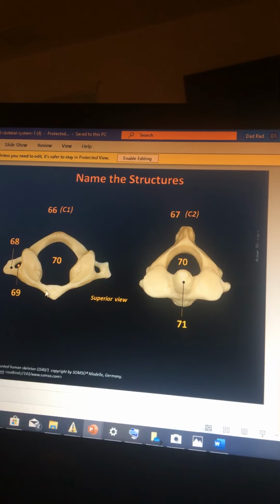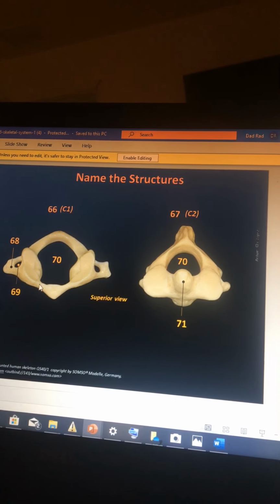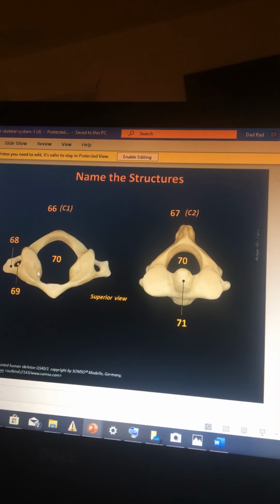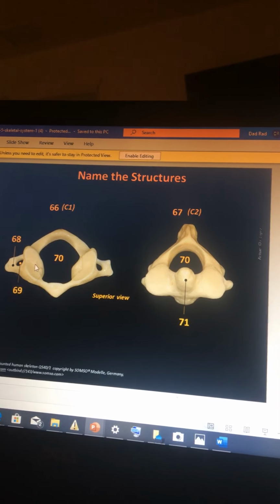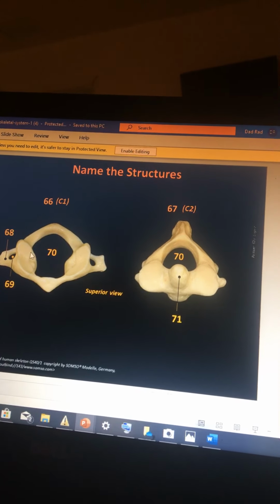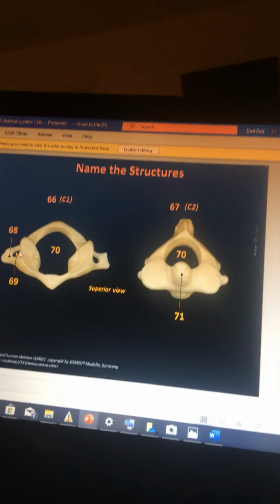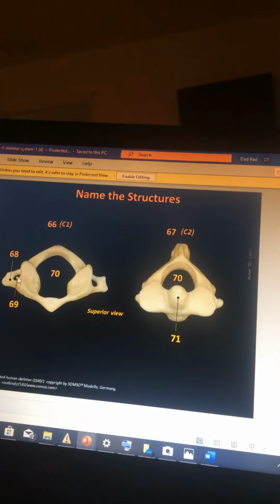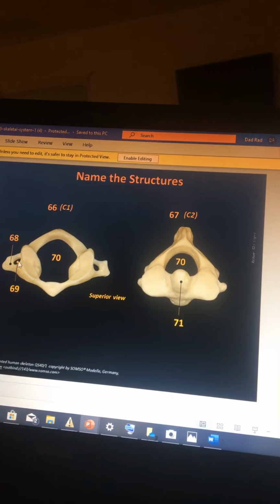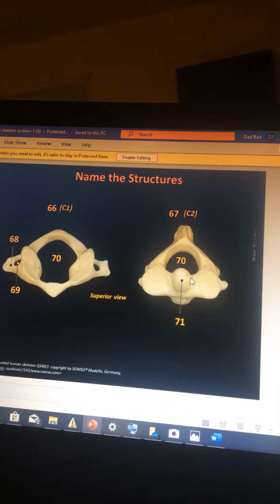Then you have right here the anterior arch. Then right here is the superior articular fossa. Then this little hole right here is the transverse foramen. And that's pretty much it for that one.